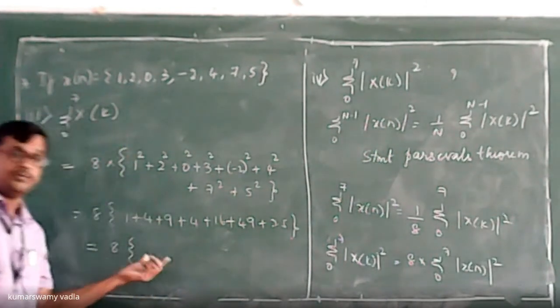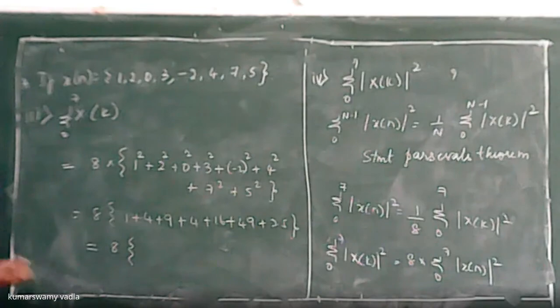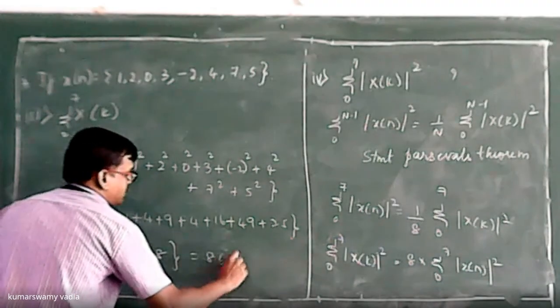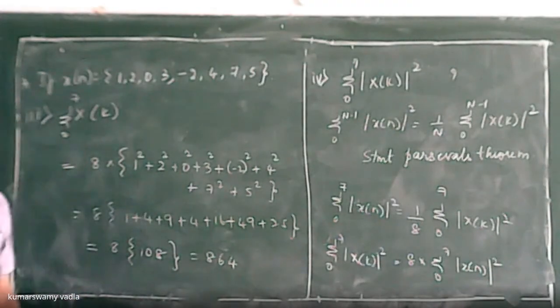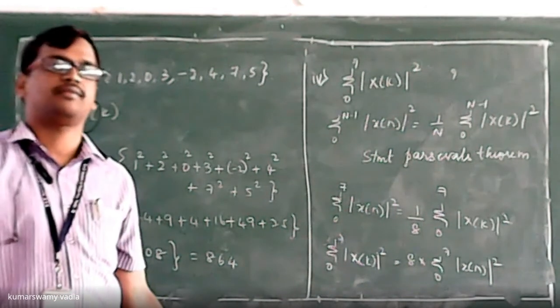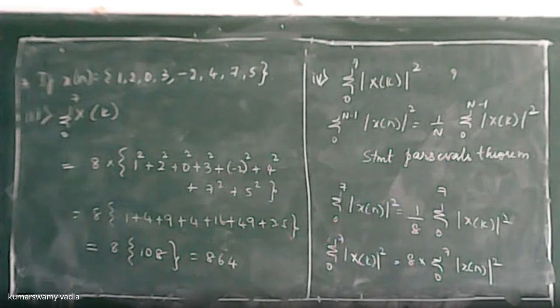What is the value? 108, sir. Multiply by 8 is 864. Thank you, madam. So, is this clear for everyone? Is this numerical clear for everyone? All the 4 sub questions?